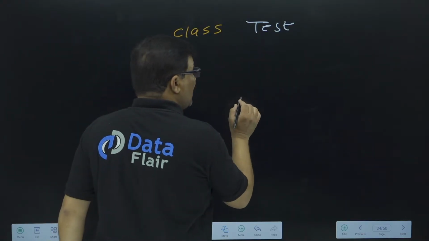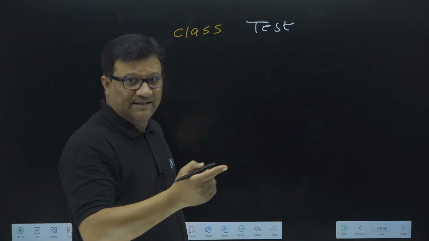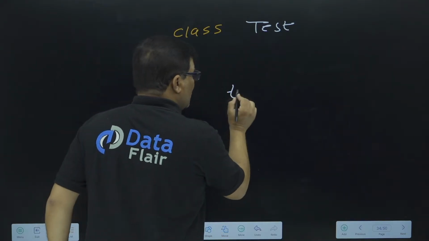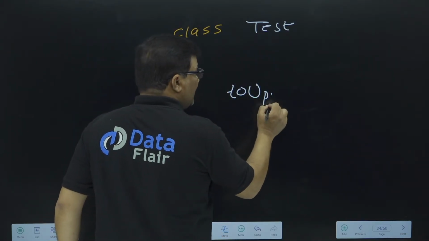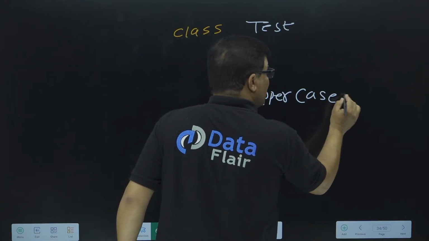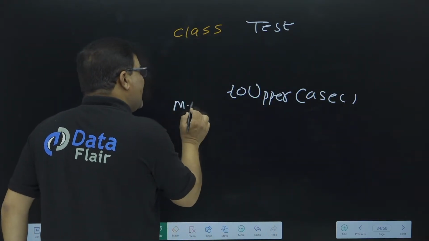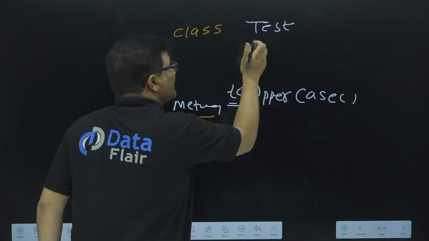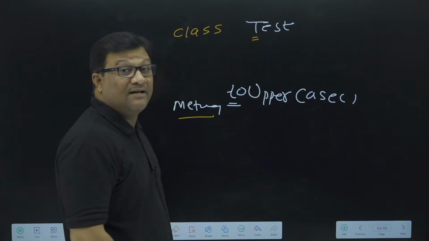Suppose in Java there is a method called toUpperCase. How do we write it? To: T small, U capital, C capital, something like toUpperCase. A method name always starts with a small first letter. A class name always starts with a capital first letter.